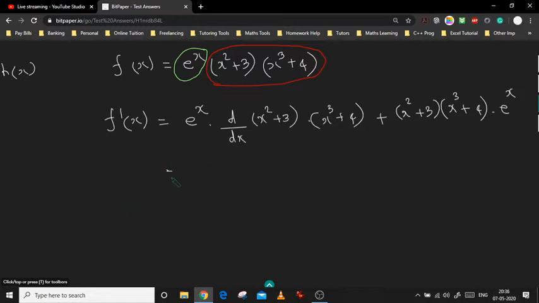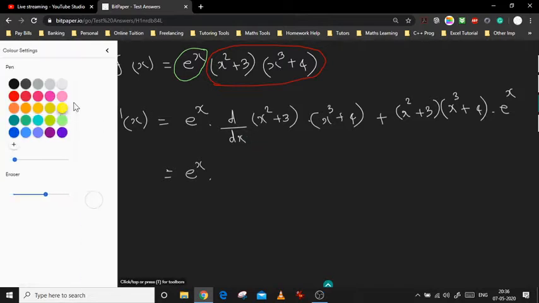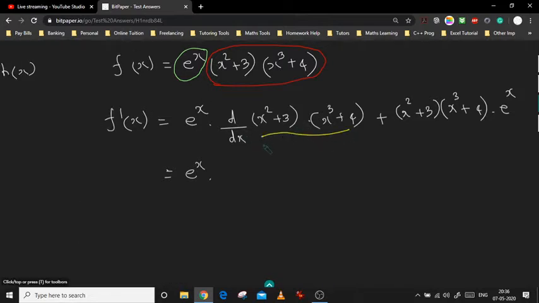So let's simplify this. This is going to be e power x into, now we can apply the product rule just for this part, so I put a bracket here. Take the first one, x squared plus 3, multiplied with the differentiation of x cube plus 4, that is 3x squared, plus take the second one, x cube plus 4, multiplied with the differentiation of x squared plus 3, which is 2x.